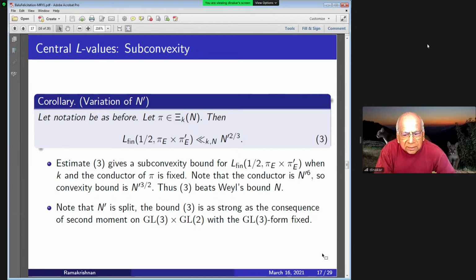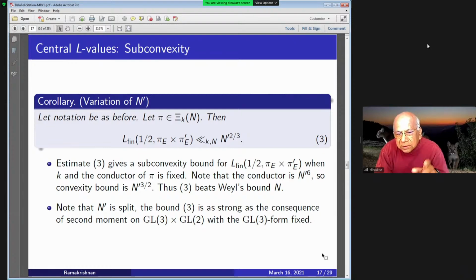Actually, it's very interesting, I think, because it gives a subconvexity bound. The conductor in the n prime direction is like n prime to the 6th, so the convexity bound is n prime to the 3/2, but we get n prime to the 2/3, which is less. In fact, this also beats the Wiles bound. It's even less than the Wiles exponent in this special case.